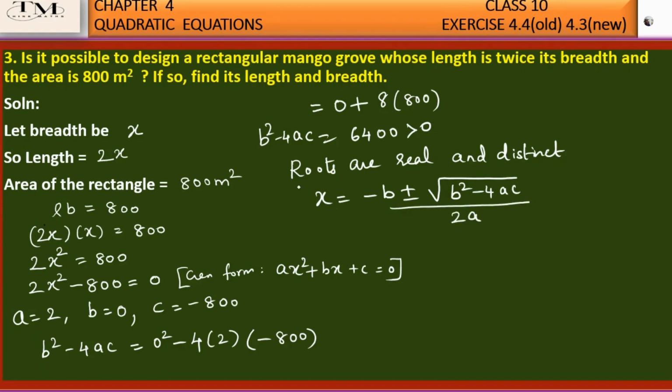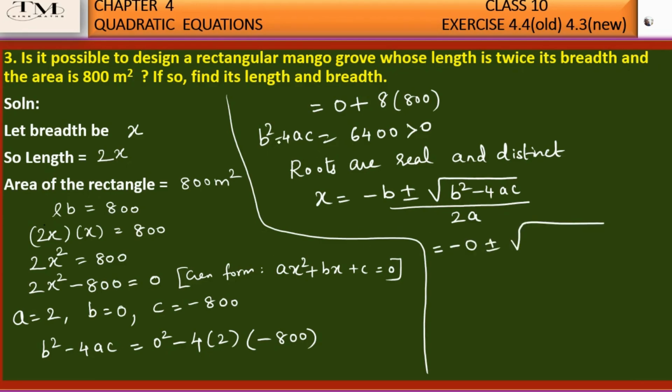So now substituting, we will get the roots. So minus b is 0, plus or minus square root of 6400 divided by 2a. A is 2. So this 0 has no effect.